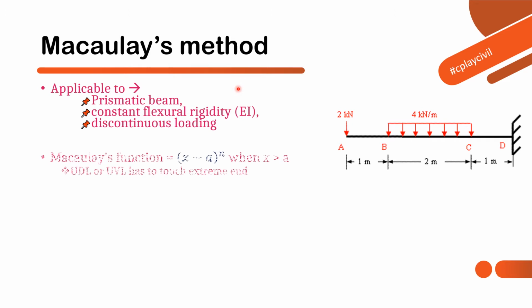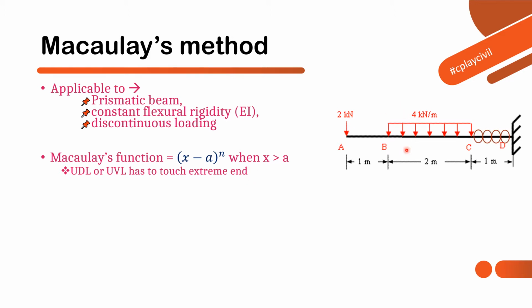Macaulay's method. So the Macaulay's function is given by (x minus a) power n when x is greater than a. When x is less than a, then Macaulay's function becomes 0. So (x minus a) power n is the Macaulay's function, and UDL or UVL has to touch the extreme end.